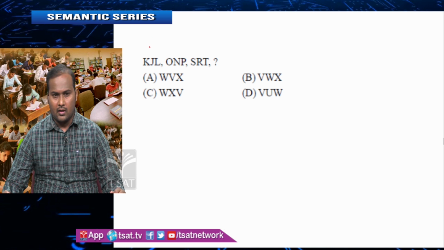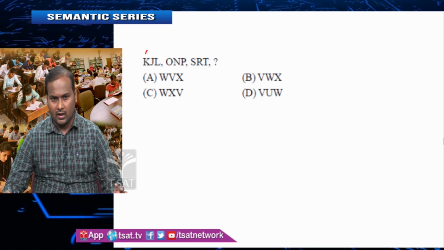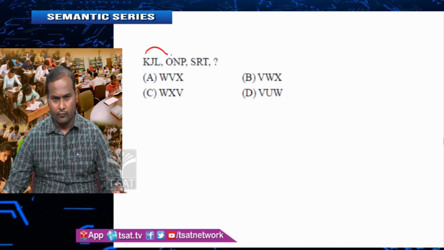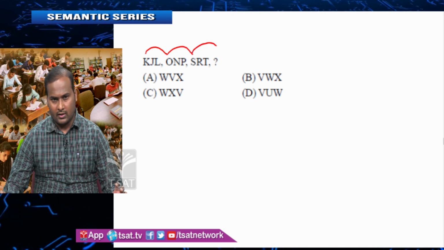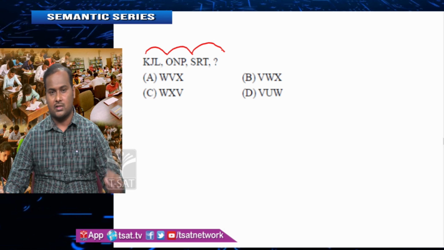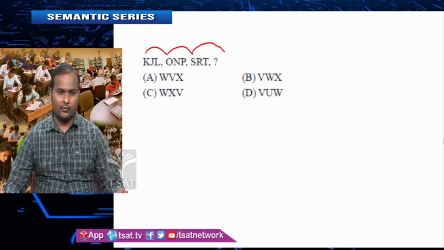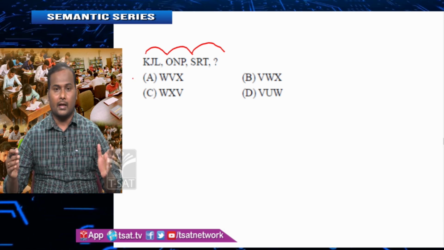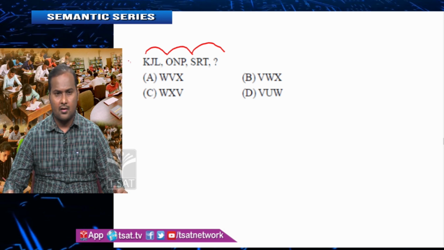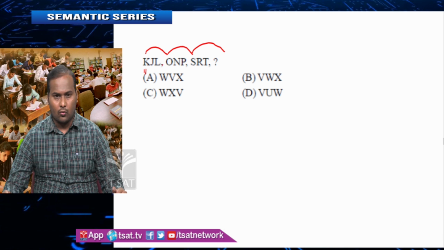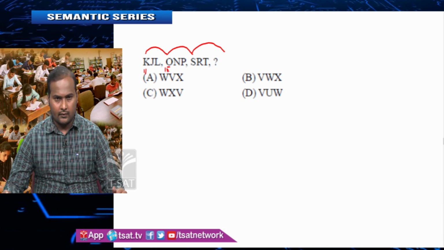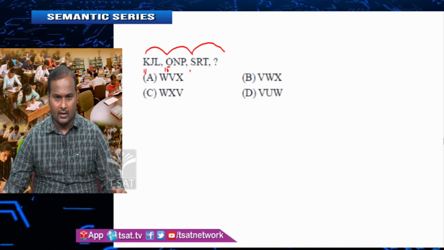If you see the first series, that is K to O, O to S, and S to the next one, I said that it is one series. How did I say it is a series very quickly? By observing the gap between the letters. For example, you see this: K is 11, O is 15, S is 19.